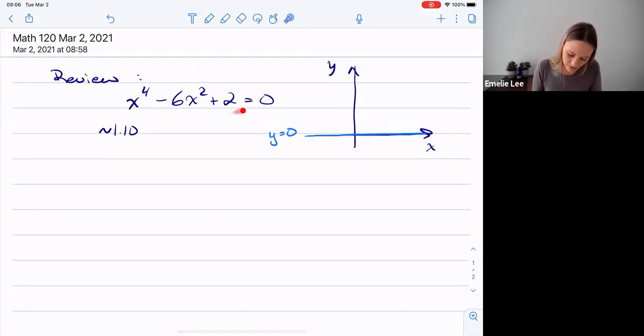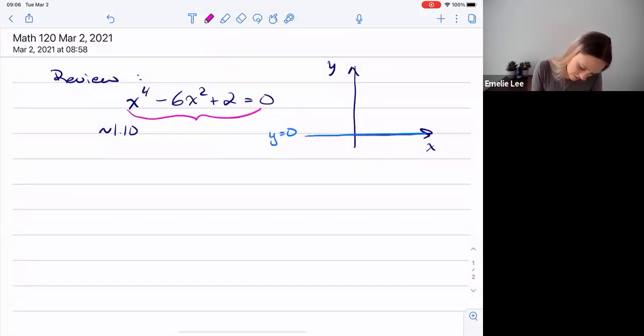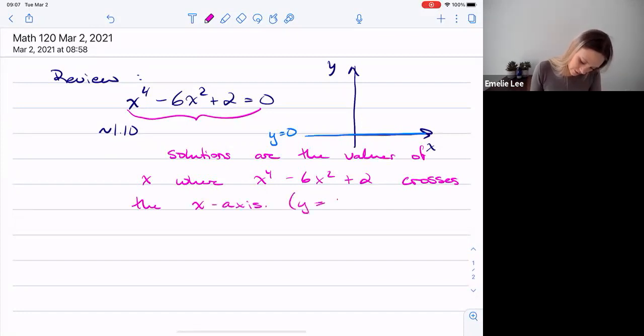And so the solutions to this thing are going to be when it crosses the x-axis. And so the solutions are the values of x where x to the 4th minus 6x squared plus 2 crosses the x-axis, where y is equal to 0.